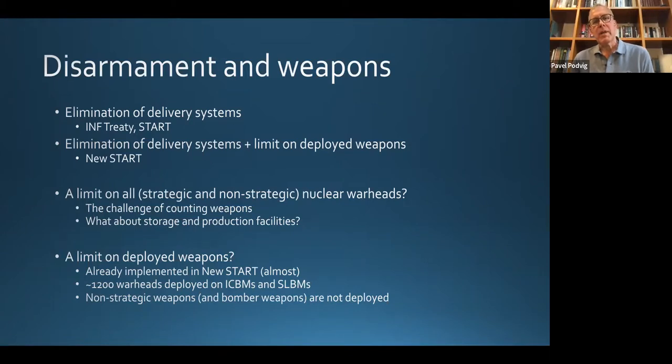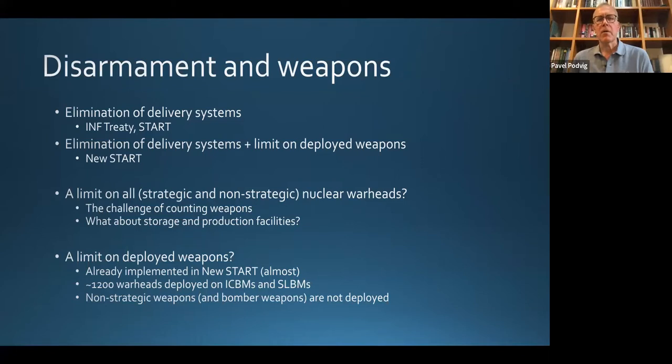In my view, a better approach that would make verification easier is a different one. What about the limit on deployed weapons? And in fact, we already have this limit in New START. New START says we have 1,550 deployed warheads.